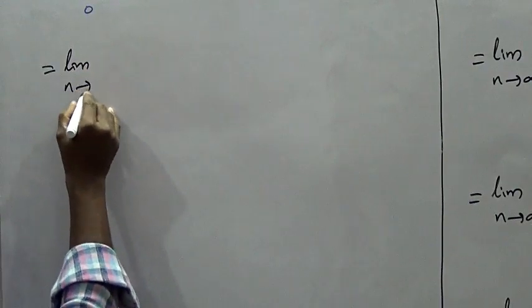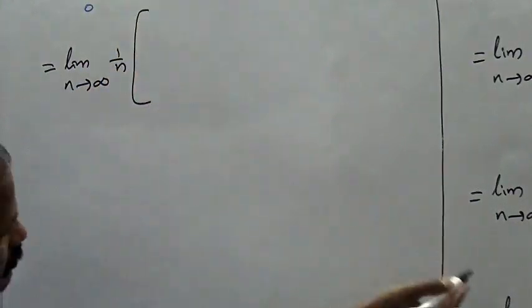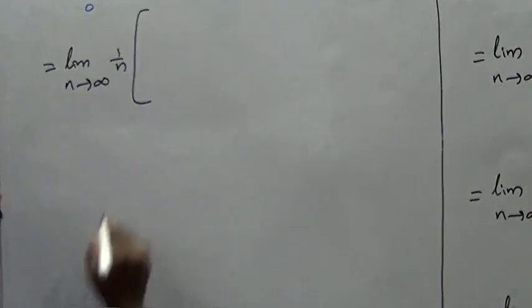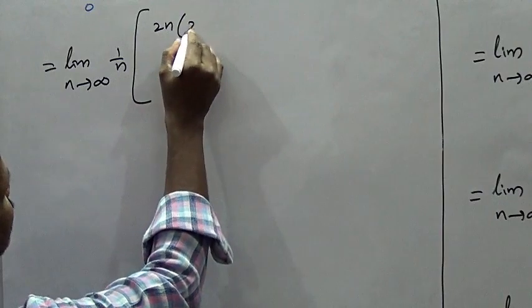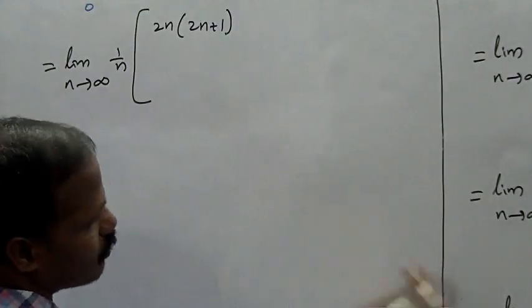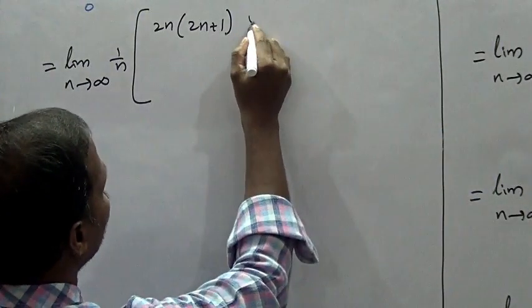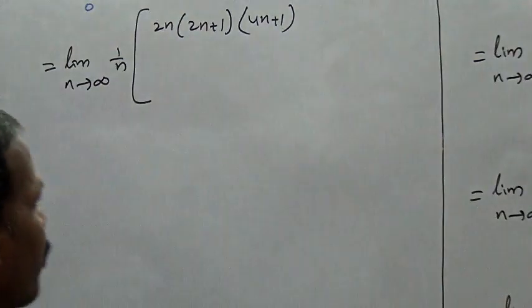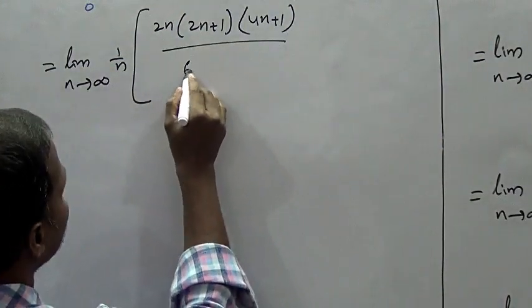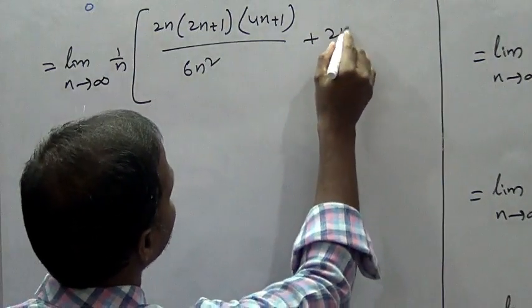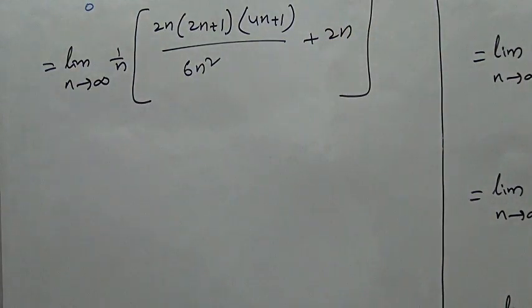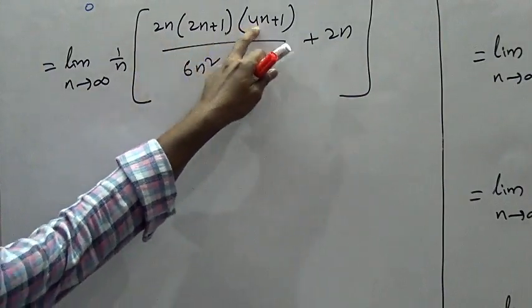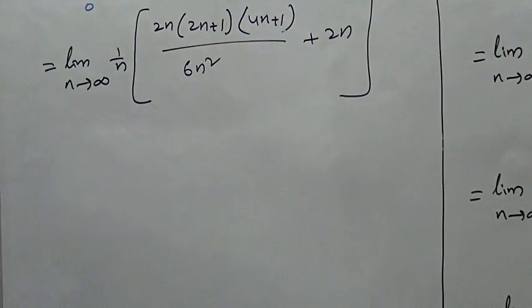So this is equal to the limit as n tends to infinity of 1 by n, times 2n into 2n plus 1 into 4n plus 1 by 6, plus 2n. Understood? The formula is n into n plus 1 into 2n plus 1 by 6, with 2n plus 1 becoming 2 into 2n, which is 4n, plus 1.